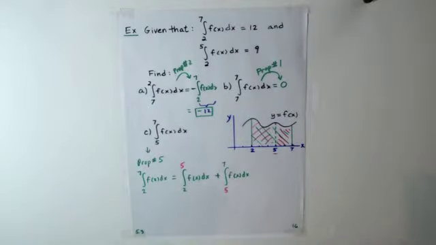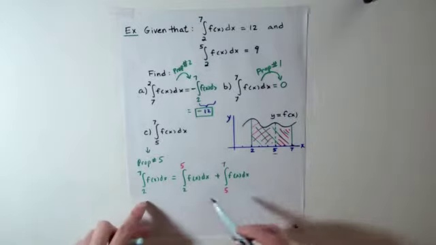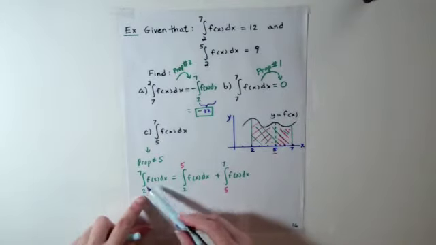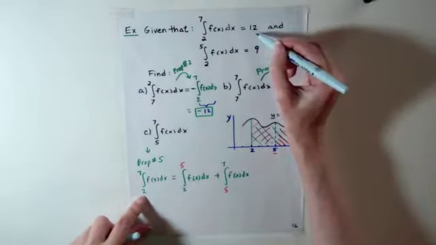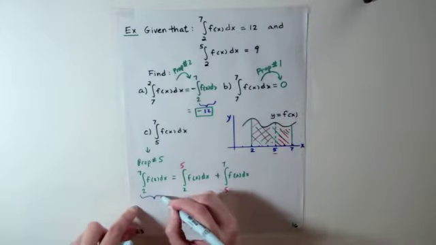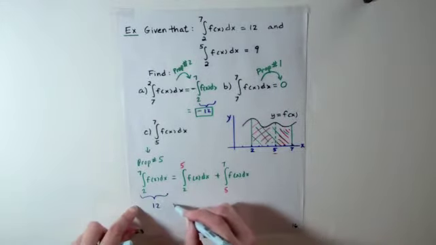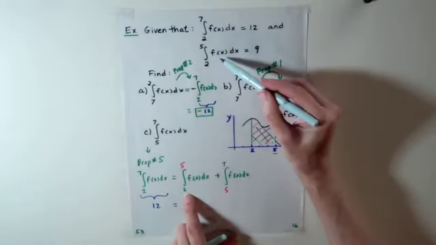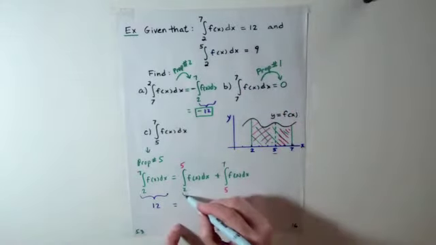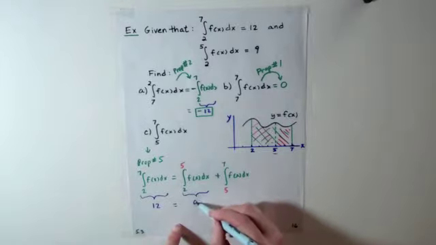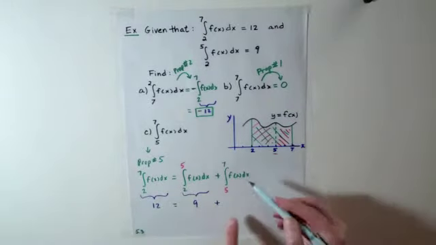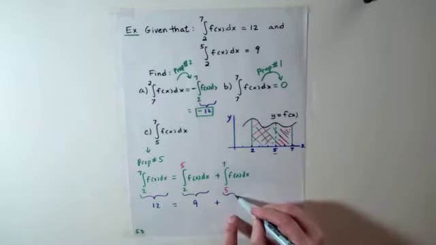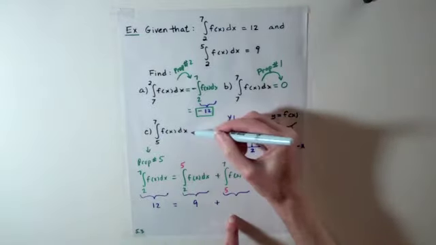So let's go ahead and see what we know in this equation. We are given the integral from 2 to 7 of f of x dx. We're told that is equal to 12. So this is 12. We are given the integral from 2 to 5 of f of x dx. We're told this is equal to 9. And the thing that we want is what's right here, the integral from 5 to 7 of f of x dx.